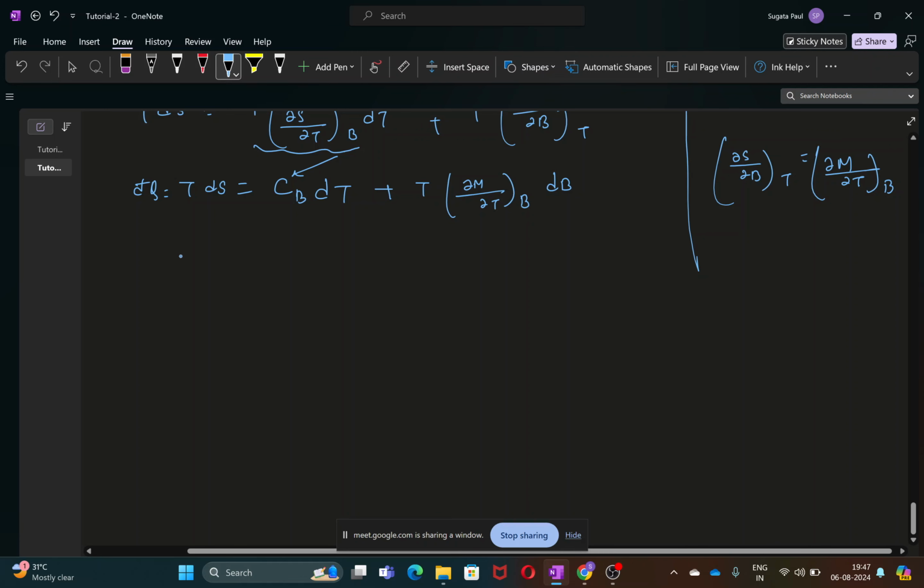Now it is said that the convective medium is removed. That means there is no heat exchange possible with the surrounding, or dq equal to 0, which is the norm of an adiabatic process.